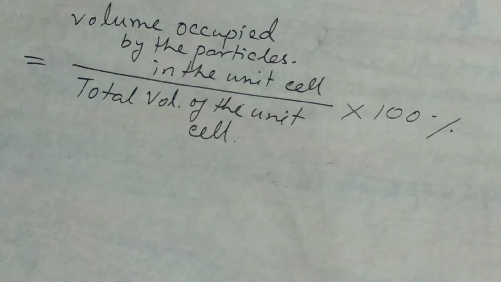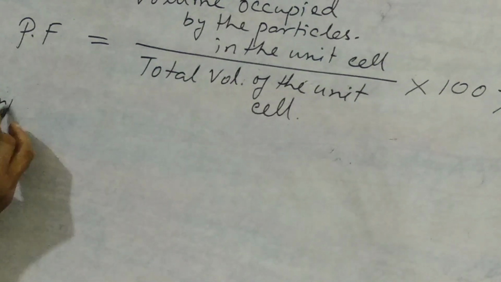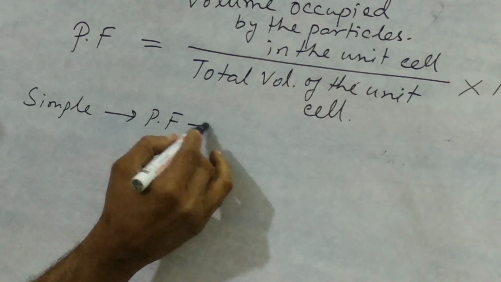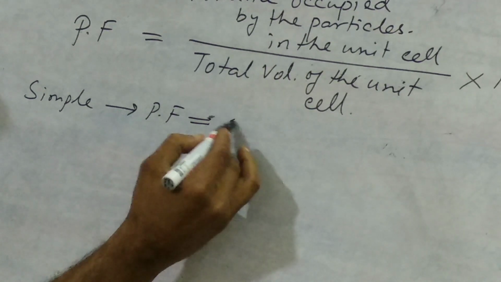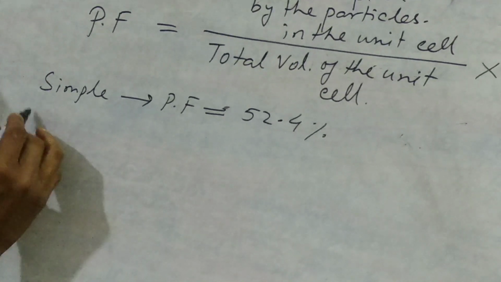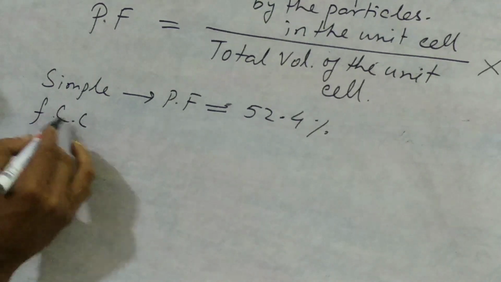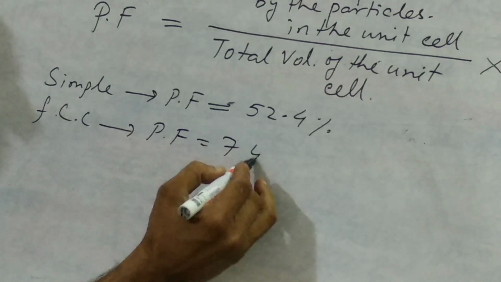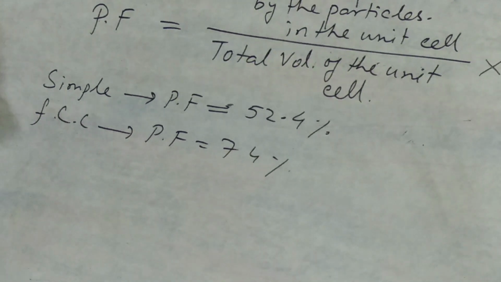Now you see, for simple cubic unit cell, the packing fraction is 52.4%. It is actually most loosely packed. And for face-centered cubic unit cell, the packing fraction is 74% and the rest vacant space.